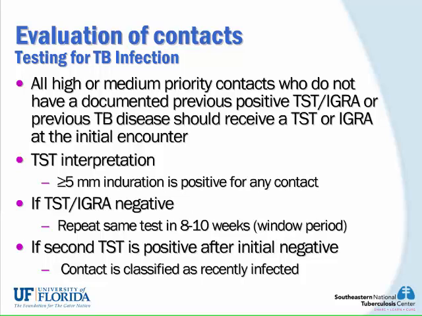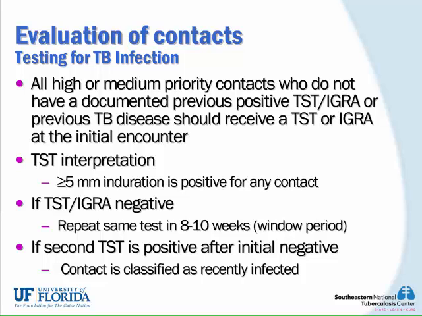If TST is used, the cutoff used to call a positive is 5 millimeters or more in any contact. If the TST or the IGRA is negative, then we should repeat the test in 8 to 10 weeks. This is what we call the window period, and this is 8 to 10 weeks after the last exposure, not after the last test, but after the last exposure.